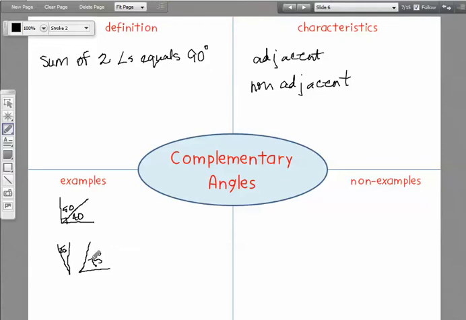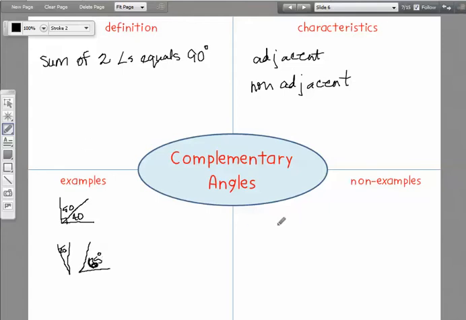Let's make that 65 degrees. Had to do some quick mental math there. Okay, so I've got those two angles that add up to 90 degrees, but they're non-adjacent. They're still going to be complementary. Complementary angles always add up to 90 degrees. It doesn't matter if they're right next to each other or not.